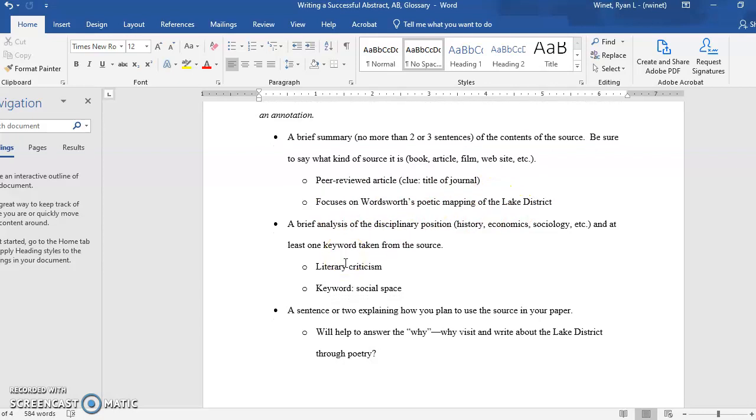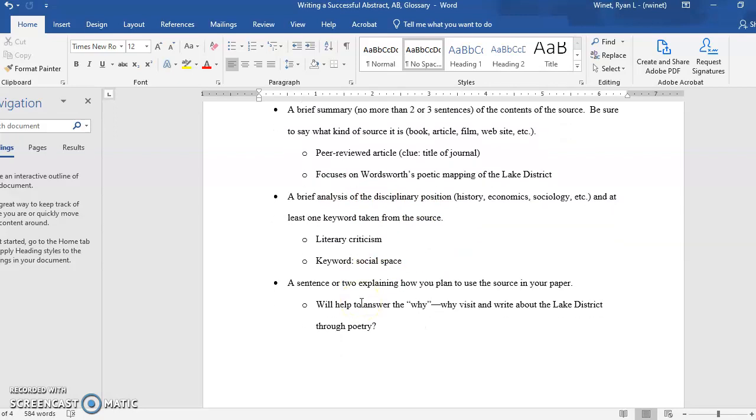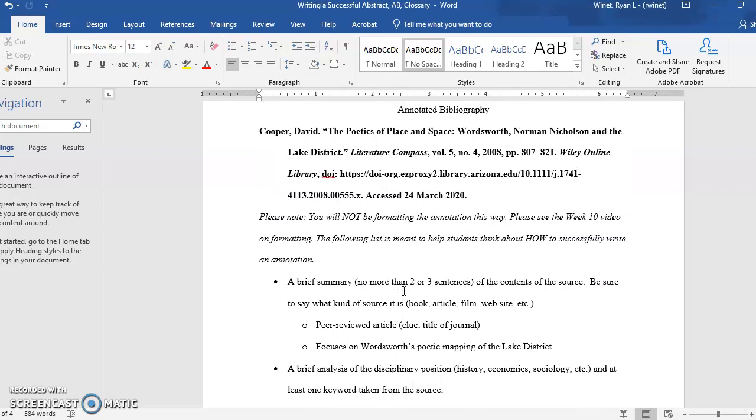It should provide a brief analysis of the discipline's position, as well as a keyword taken from the source, and then it should provide a sentence or two explaining how you will use the source in your paper. And that concludes how to write a successful annotated bibliography.